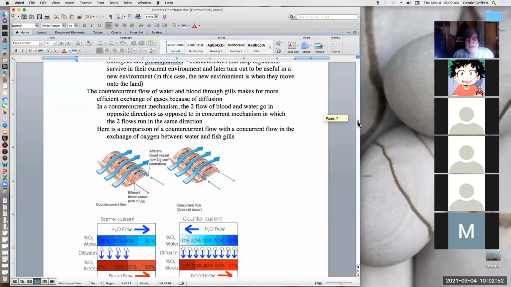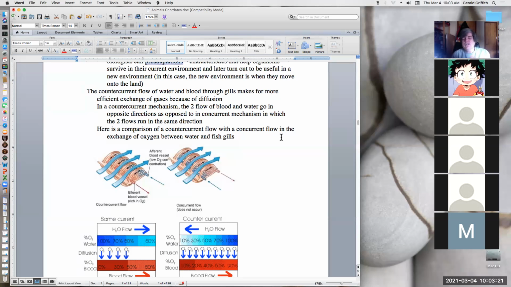Now let's look at one of the characteristics that we see in osteichthyes, as well as other fish, that is a current physiological process that we see in all sorts of locations. And this is something called countercurrent exchange mechanisms.